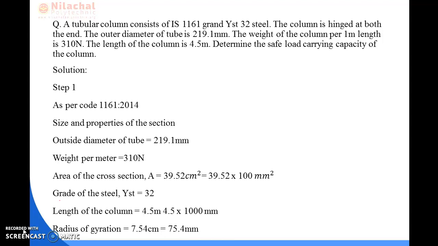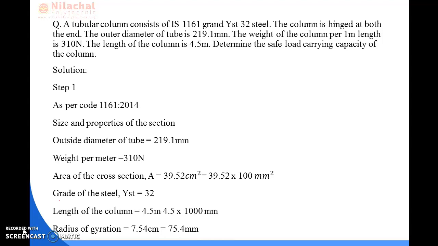So let's see what your question is. The question says a tubular section, that is a column type of section, consists of IS 1161 grade YST 32 steel. The column is hinged at both the ends. The outer diameter of the tube is given as 219.1 mm.